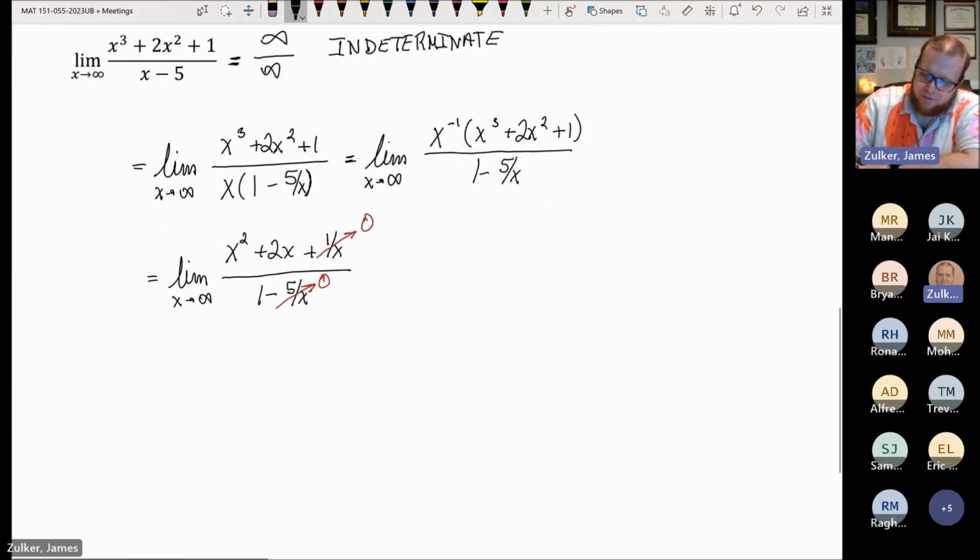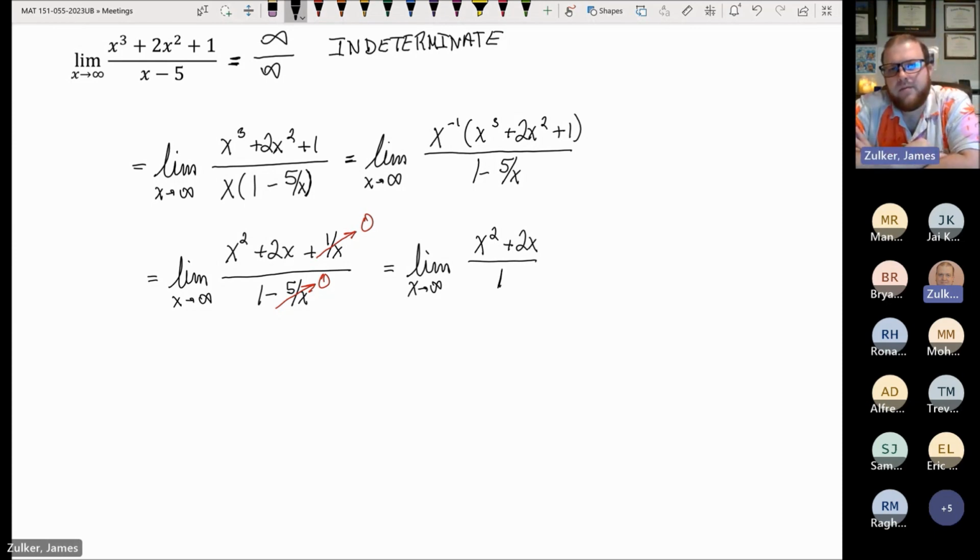Using limit laws, we can say now that this is what we're left with. We should be careful, because technically it's not equals. I'm going to say it behaves like this limit.